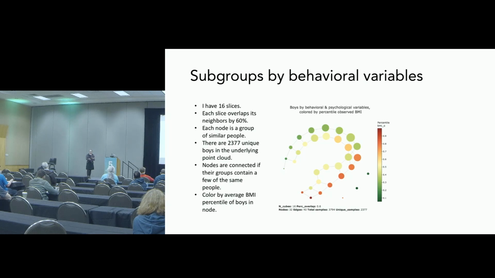And then you need some way of testing it. You can find patterns in anything if you just apply the right algorithms or enough of them. So here, we wanted to really look at behavioral and psychological variables only and see then if they could predict, essentially, some of these other outcomes.